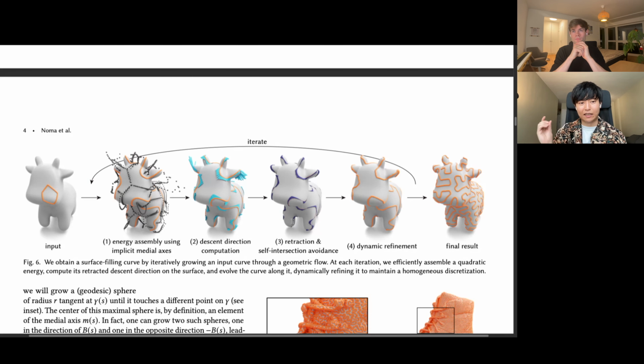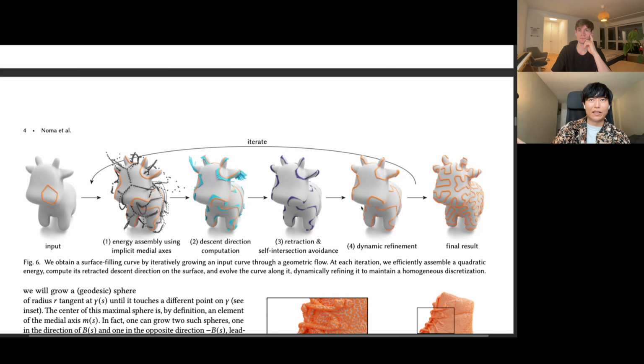And then finally, in this dynamic refinement thing, you see the edge lengths, the segment lengths for the whole curve, and then refine the curve such that all the segments have a uniform length. So that's how this geometric flow thing works.